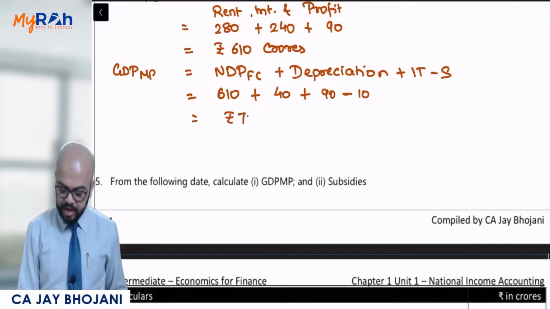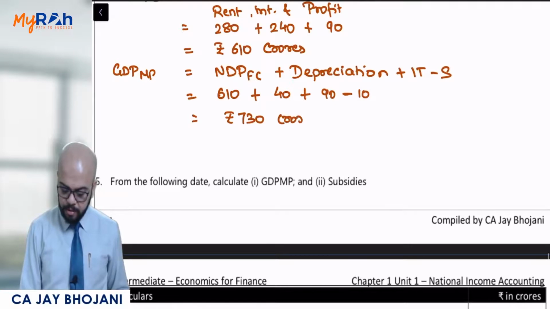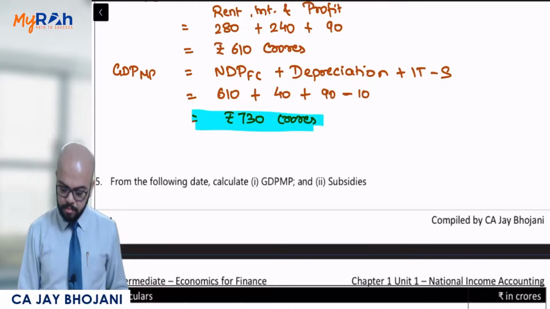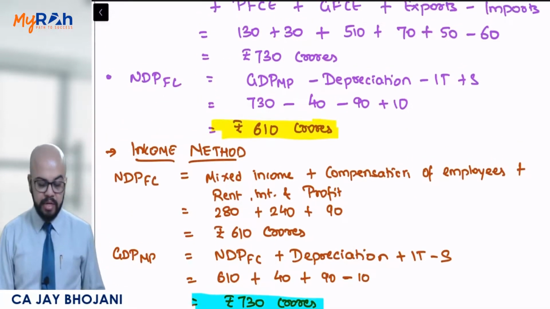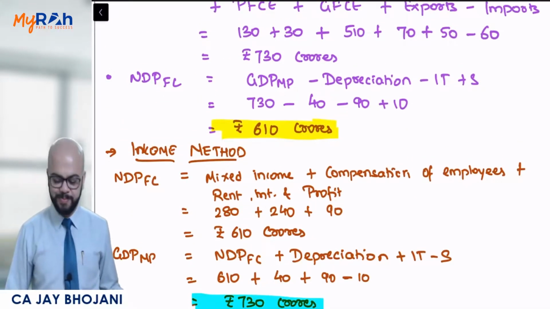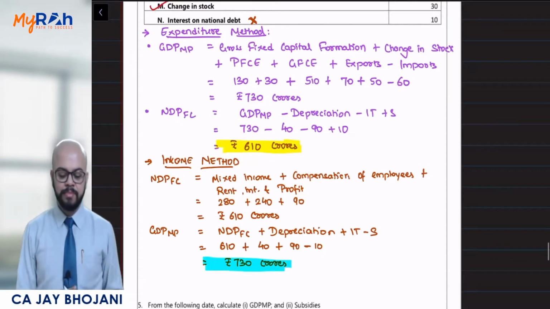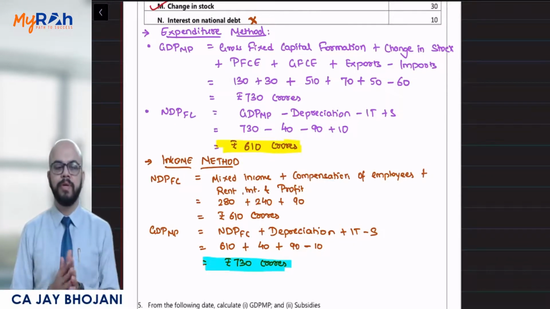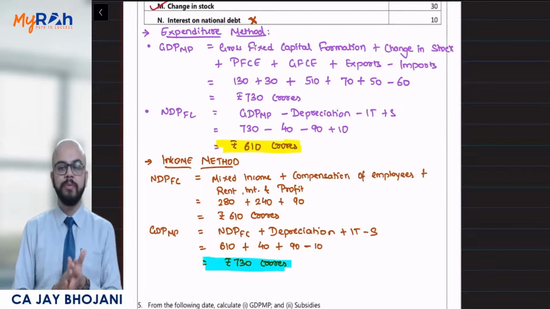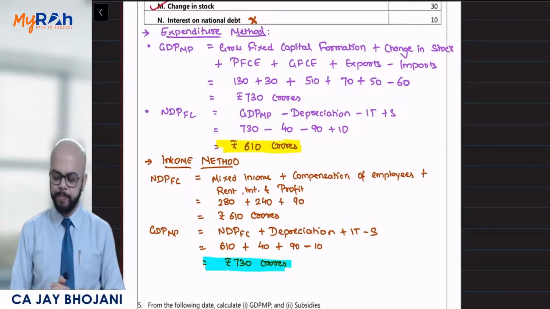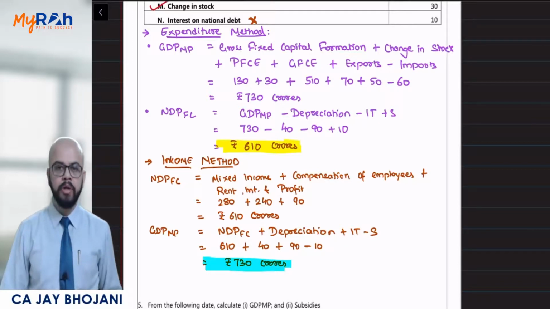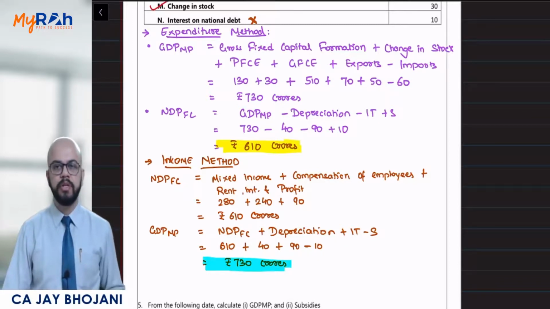See, again this is tallied up with the expenditure method. Okay, so I hope you are comfortable with this type of questions now, right? Okay, note it down, pause your video, note it down, and then we'll continue with the next numerical.